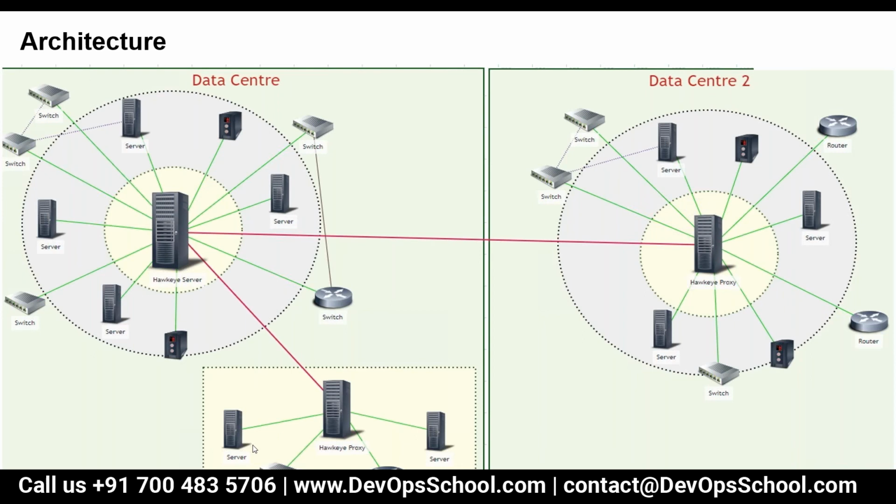So that server, router, switch will send the data to the Zabbix proxy, and then it will send the data. For data center 2, we can have a different Zabbix proxy server, and it will locally get the data from the devices, and then send it to the Zabbix server. That's how we can create the architecture of monitoring, so that the load is distributed.